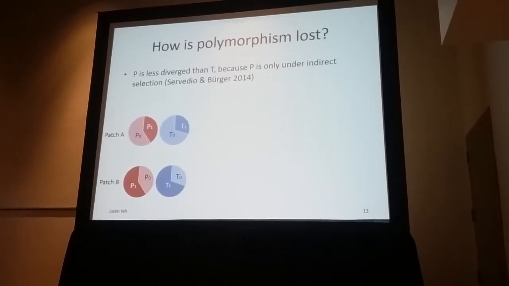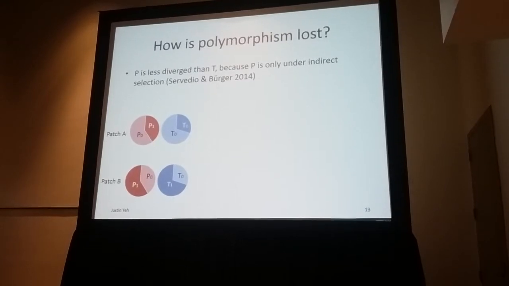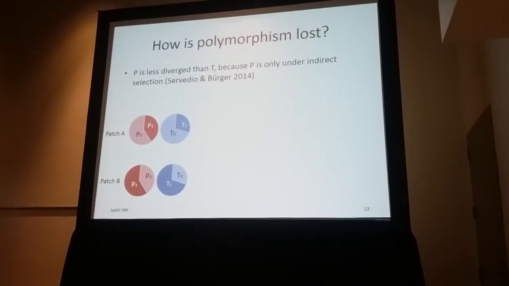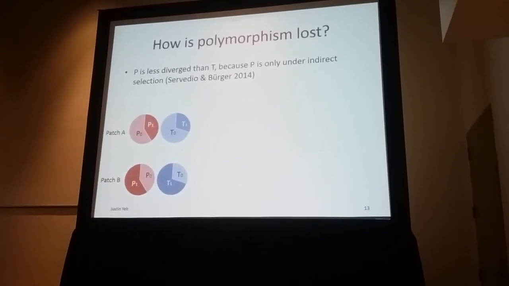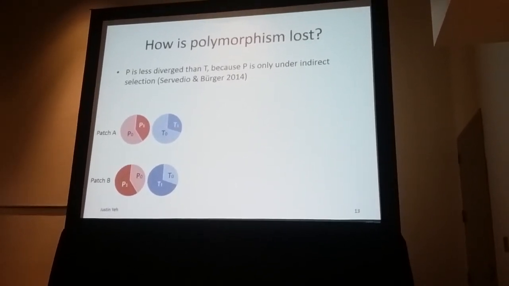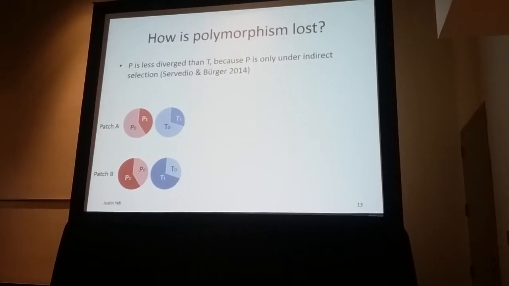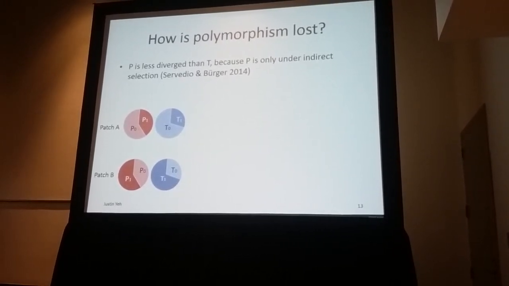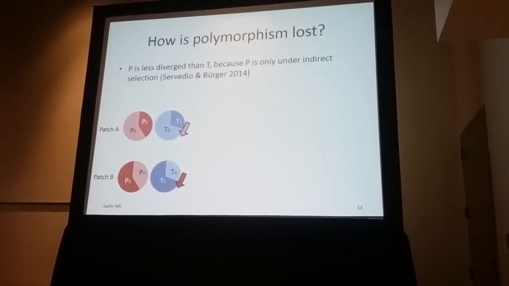Okay, so first, how is the polymorphism lost? The first thing we need to remember is that the preference is less diverged than the trait. And because the preference is only under indirect selection, the preference locus is going to pull the trait towards homogenization.